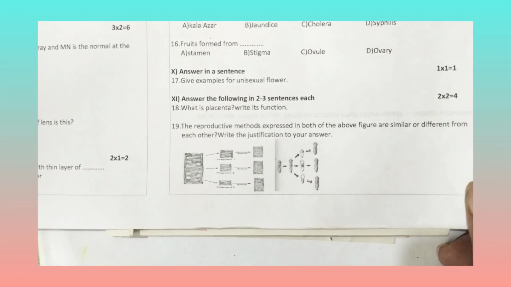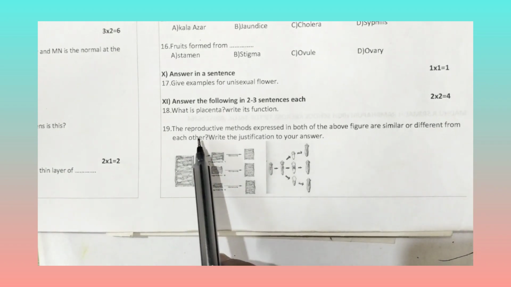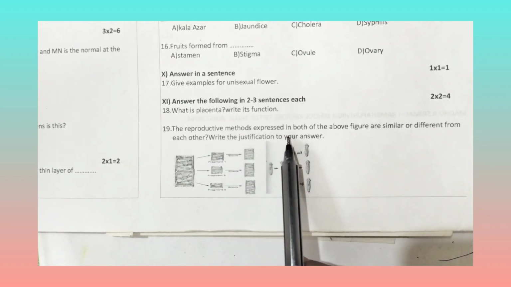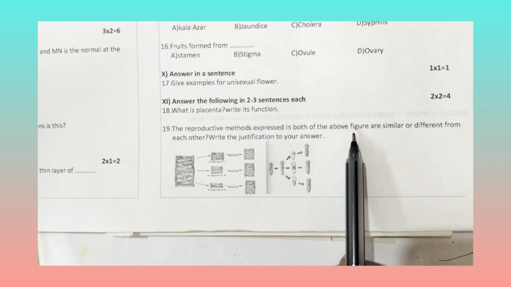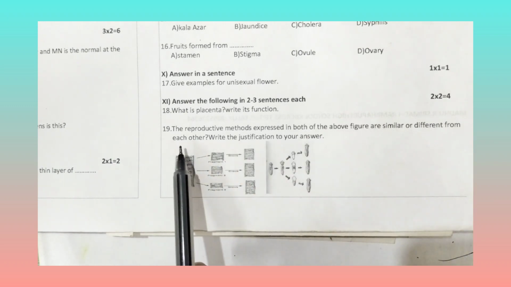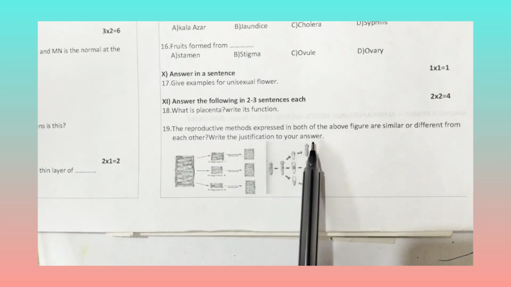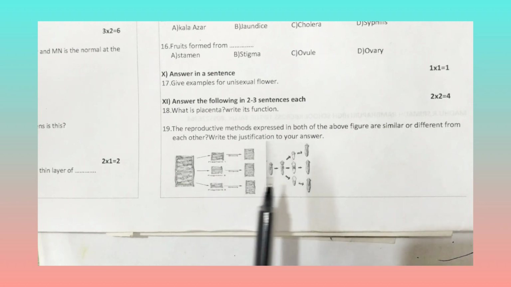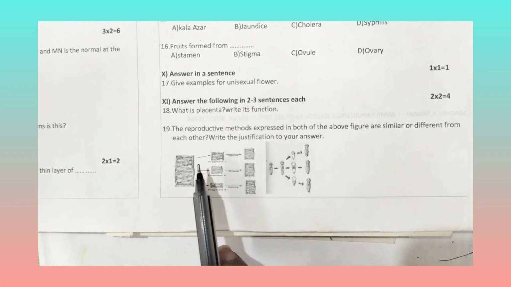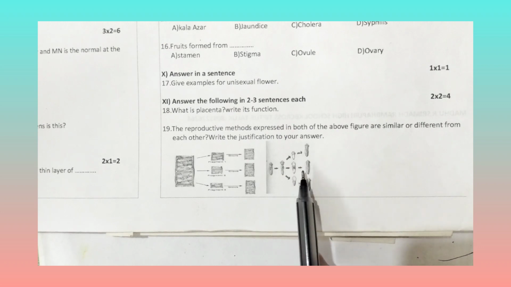Now let us move to the 19th question. The 19th question is: the reproductive method expressed in both the above figures, are they similar or different from each other? Write the justification to your answer. Actually both are different. This is fragmentation, this is regeneration. So let us answer this question.